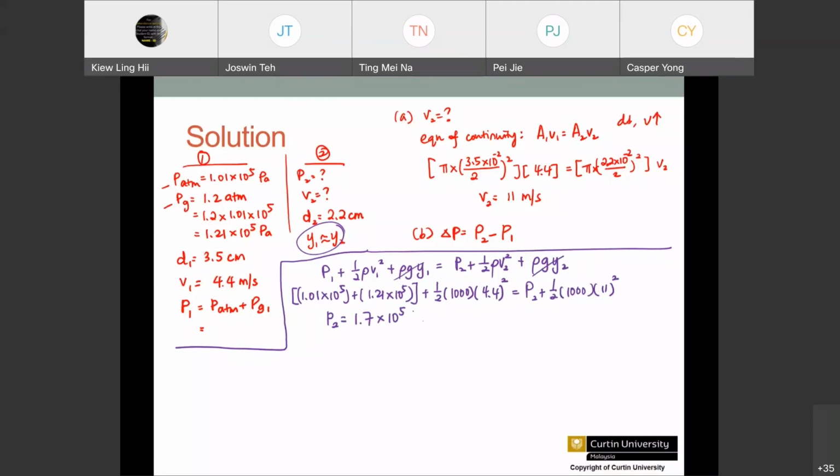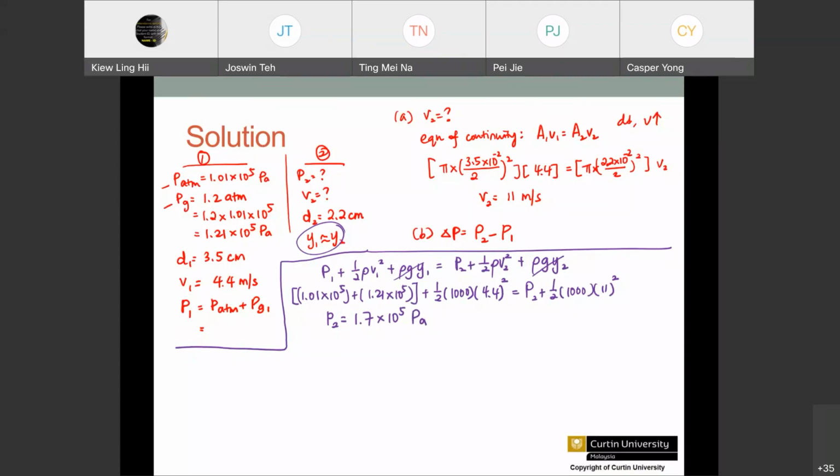As compared to your P1, is the pressure higher or lower? Just now our P1 was 1.01. No, it is lower.